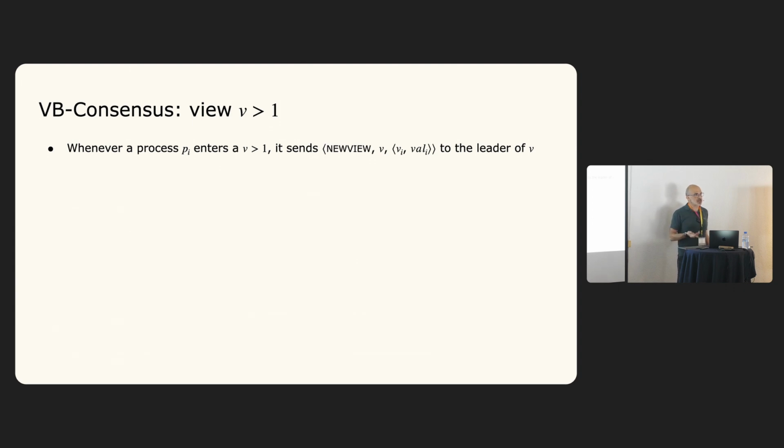We can just get a notification from the synchronizer for the next view, and then if I am the leader of this view, I just wait until everyone else sends me what we call a new view message. If you're familiar with Paxos, those are similar to what is known in Paxos as 1B messages.